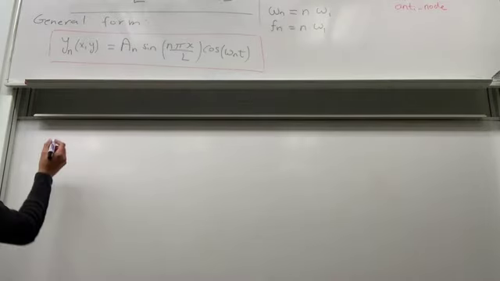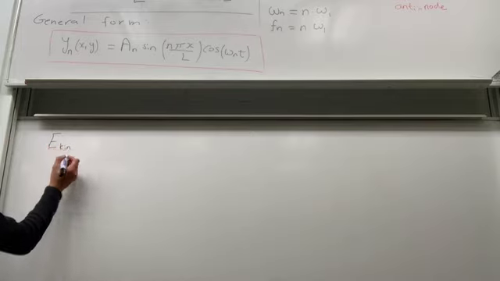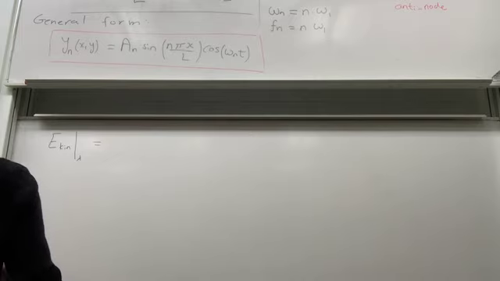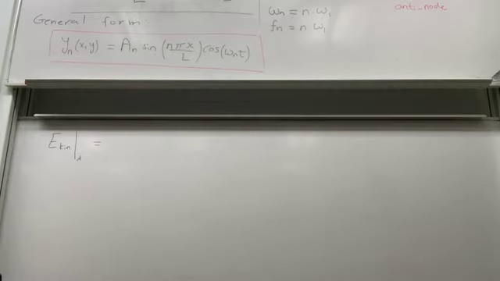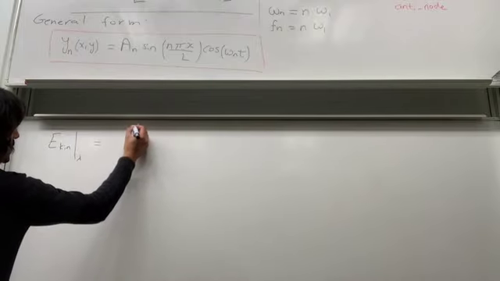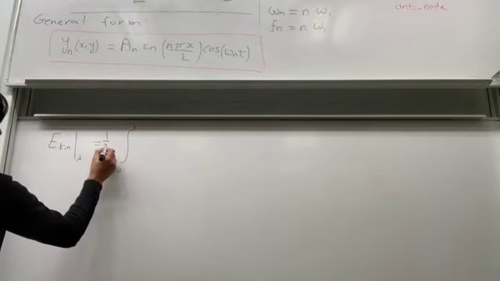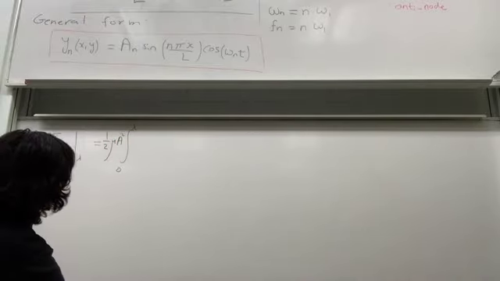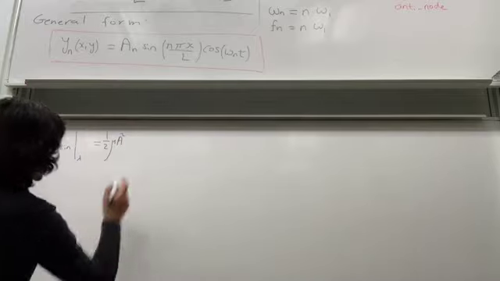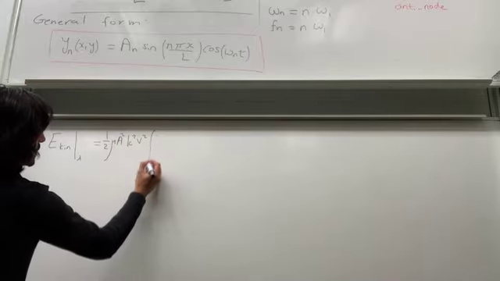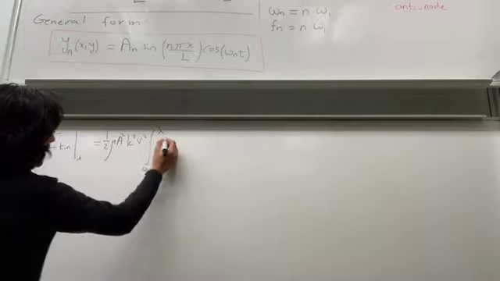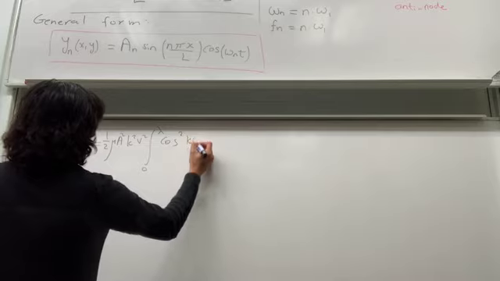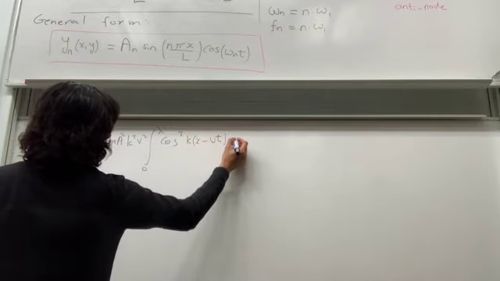Alright, so we want to calculate the total energy for one wavelength, and for that we need to integrate from 0 to lambda. So 0 to lambda, we have 1/2 mu A squared k squared, I'll put it outside, v squared times cosine squared of kx minus vt dx.